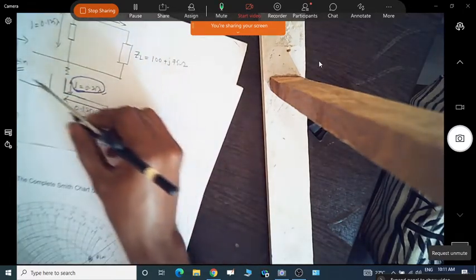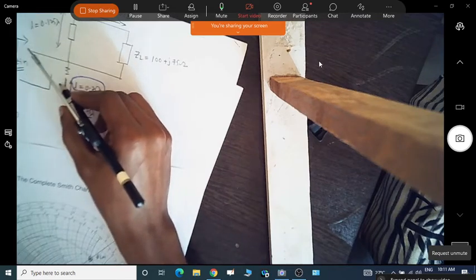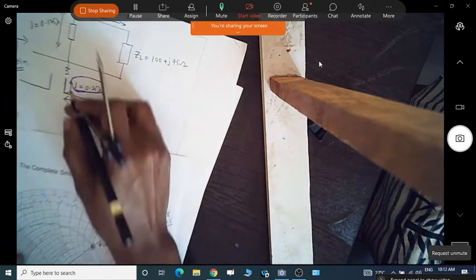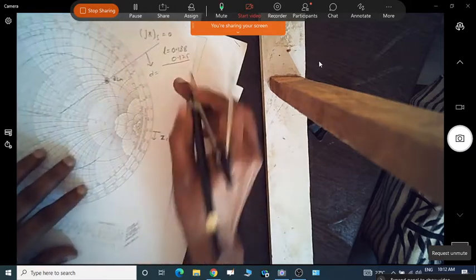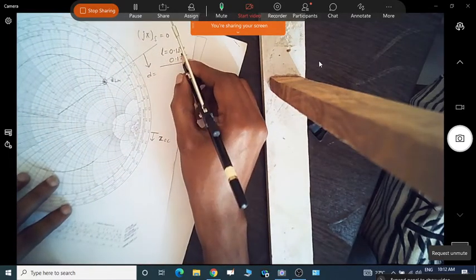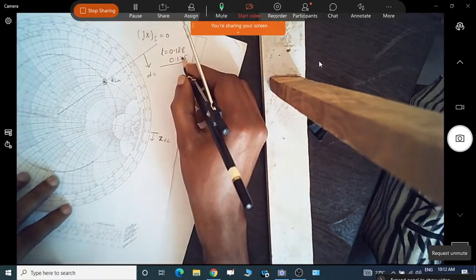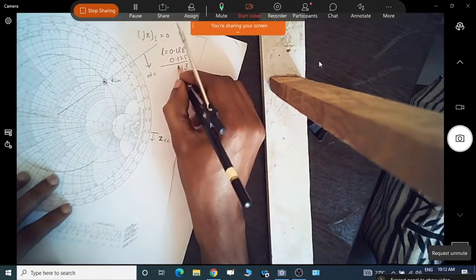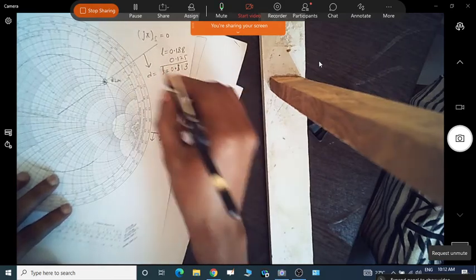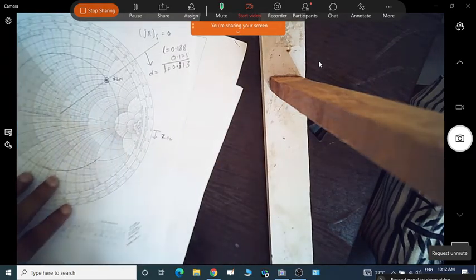We have to move 0.125 towards the generator to get the location of the stub. If I add that, you are going to get 0.313. This is the final point where we get the location of the stub.